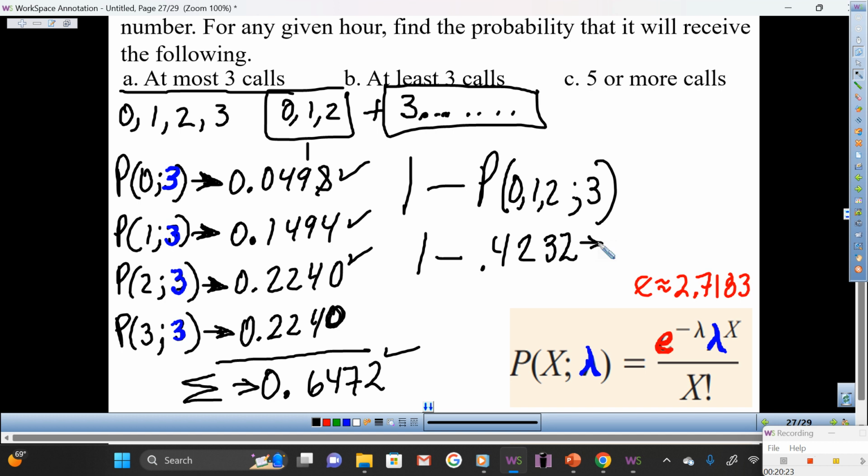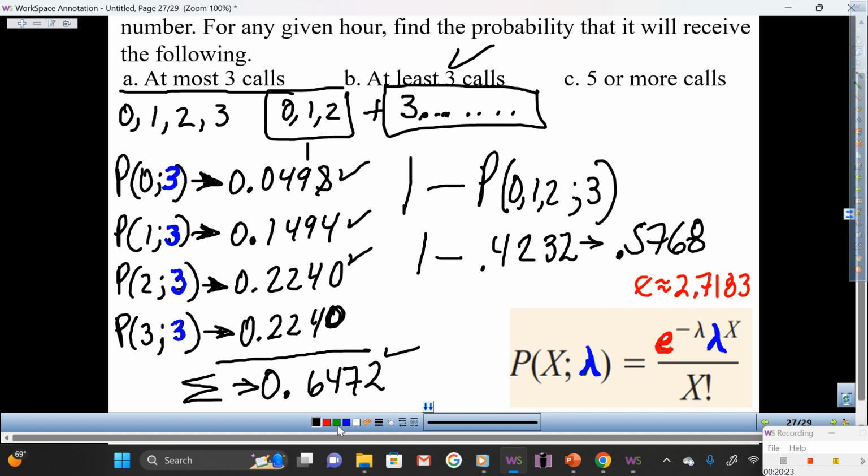Therefore, that is correct. That is the probability of at least 3 calls. Okay, so thinking in those terms, what does this mean?